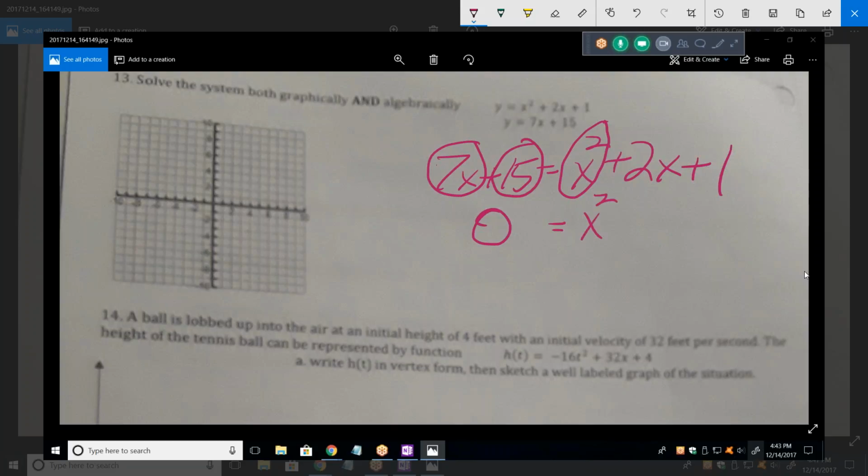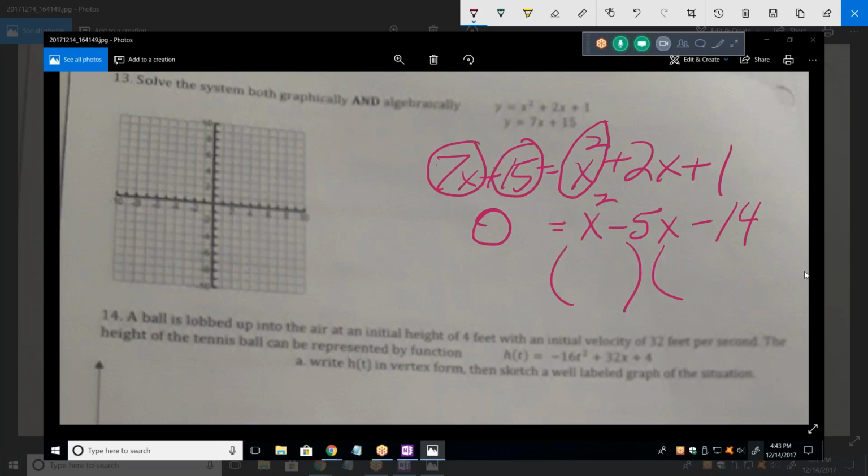So when you subtract 7x from 2x, what do you get? 5x. You get minus 5x. And now do the 15, move it over. So minus 14. Okay, now factor that, or at least give it a shot.